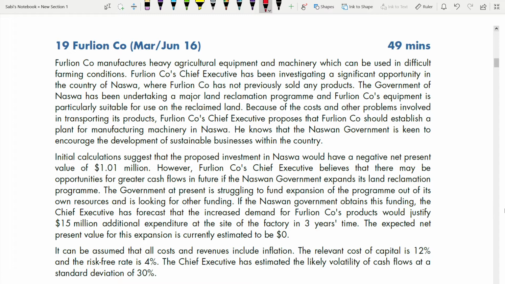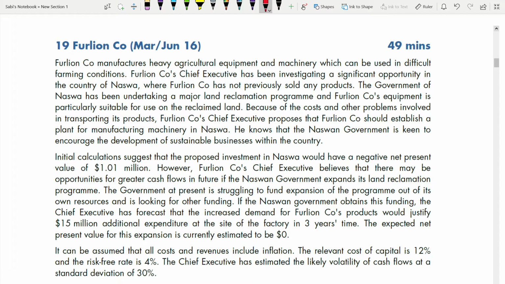Furlion company manufactures heavy agricultural equipment and machinery which can be used in difficult farming conditions. Furlion company's chief executive has been investigating a significant opportunity in the country of Naswa where Furlion has not previously sold any products. Okay, one thing you have to note here, because there was one requirement whether you have to invest in country of Naswa or not, you have to talk about other factors as well.